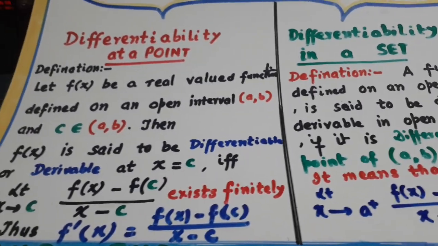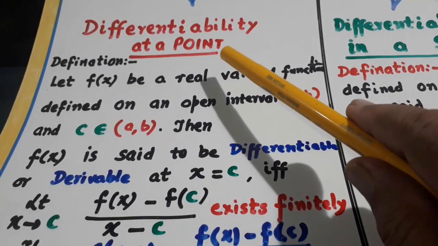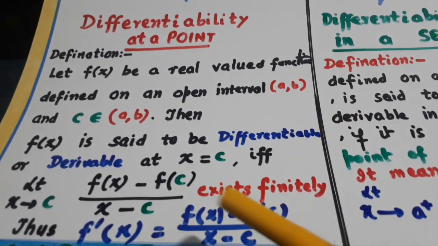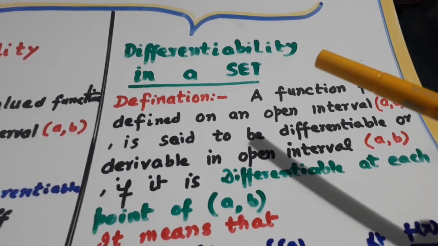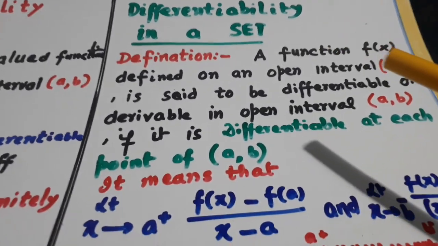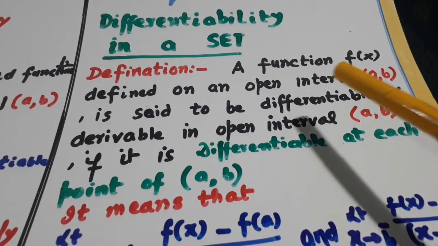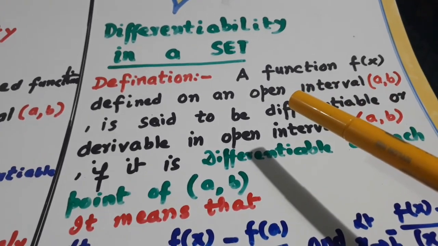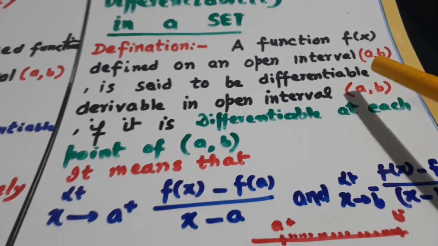Now this was at a point c. So we have discussed at a point c. Now let us go to in a set. Now definition is like this. A function f(x) defined on an open interval (a, b).